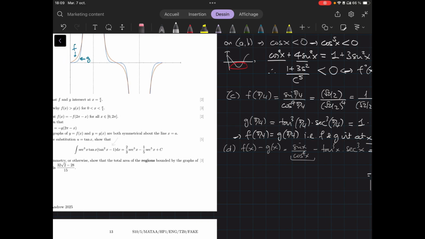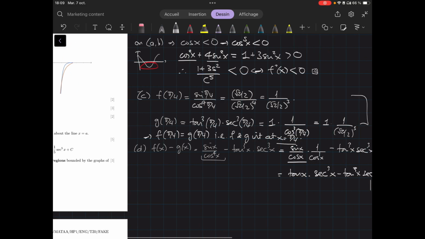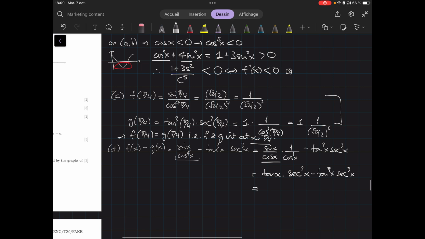And you will see this result again here. So we can now factorize tan of x and secant cube. We are left with 1 minus tan squared.